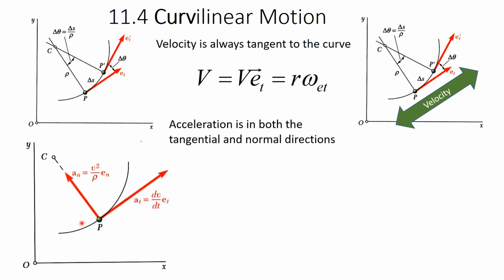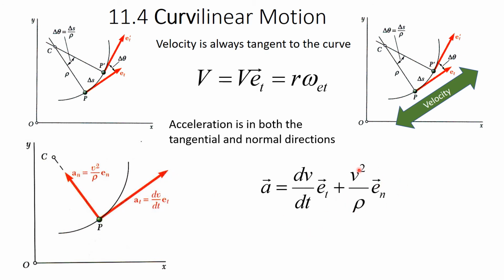Acceleration. Acceleration has two components. It has a tangential component and a normal component. These two components, here's the equation for it. The tangential piece, this is how much the magnitude of the velocity is changing. This is the direction of the velocity and how much. So if we go from 10 to 20 miles per hour, that magnitude changing, that's the tangent piece of it.